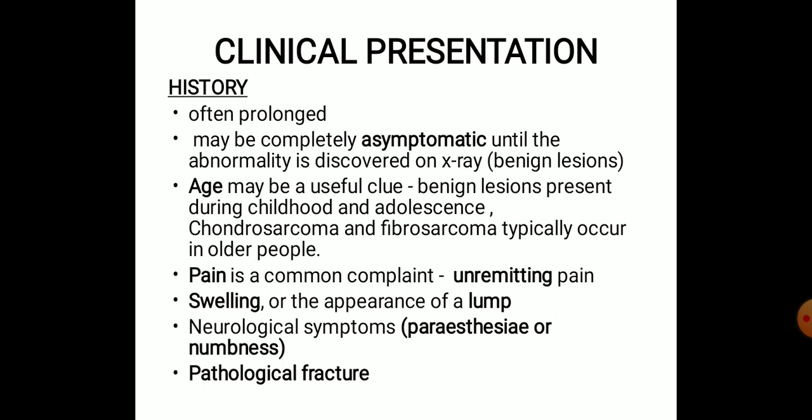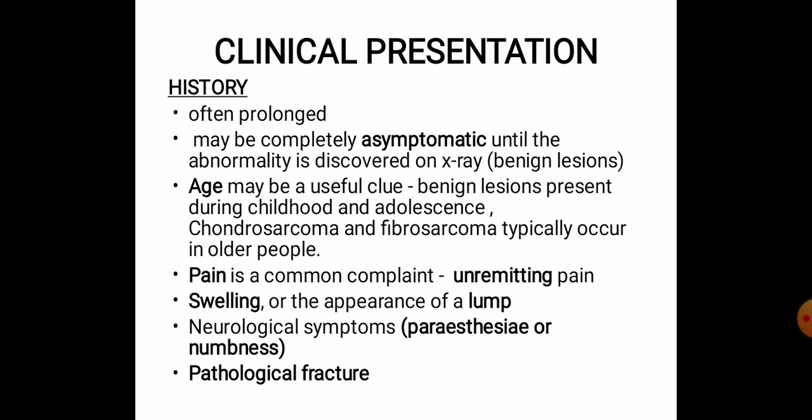So as we can see in most cancerous growths, there will be some kind of lump or there can be a swelling. And there can be some neurological signs and symptoms, mainly paresthesia and numbness, if the surrounding nerve tissues are damaged, either due to the abnormal growth or abnormal growth in the neural tissues.